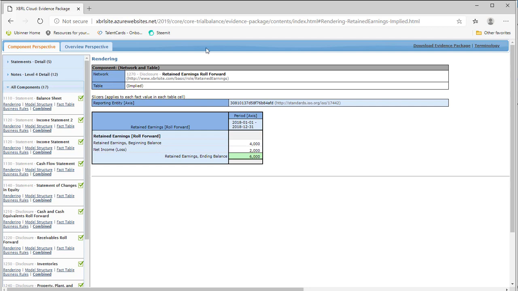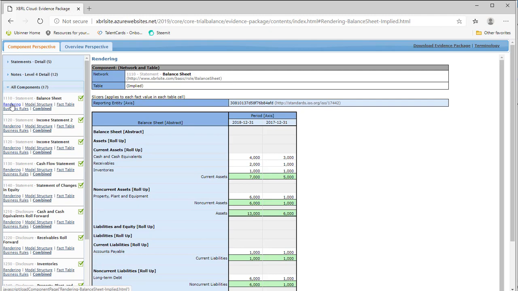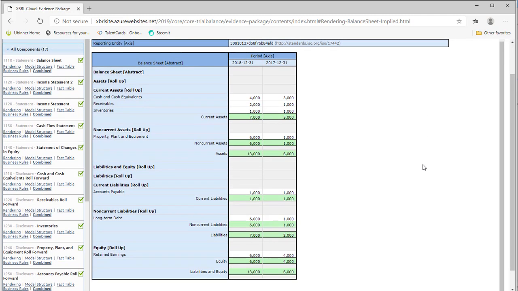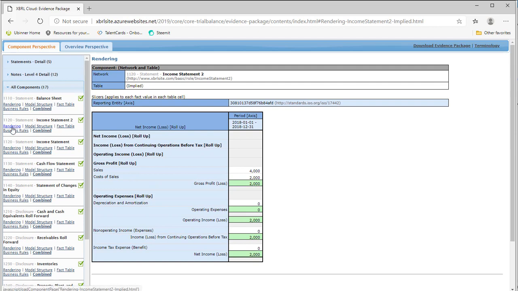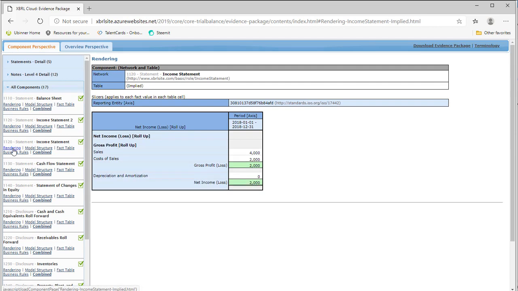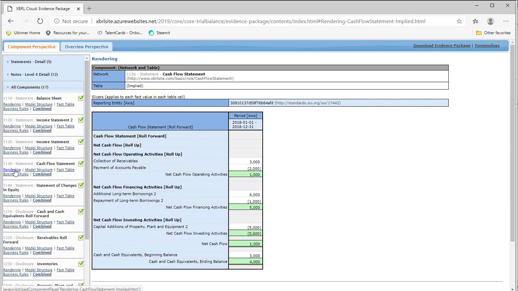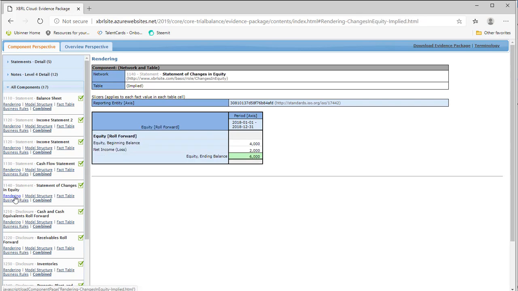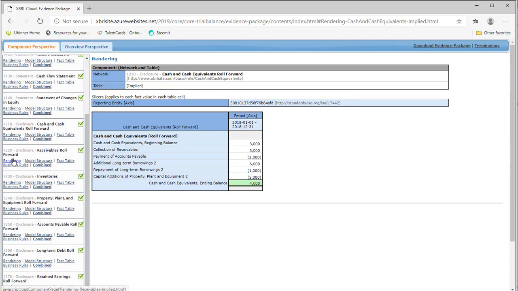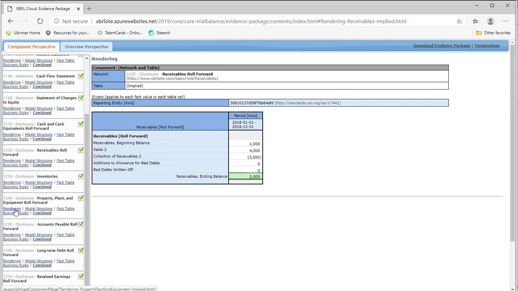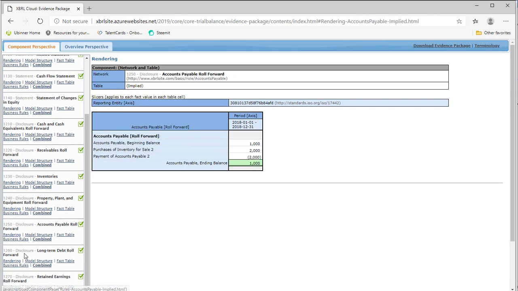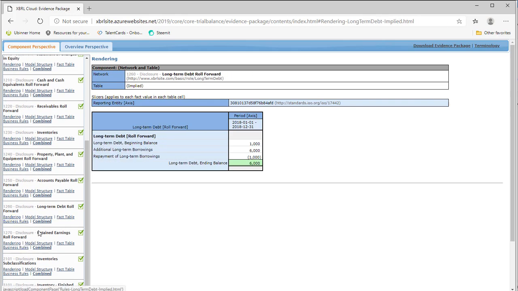This is the same view I've had before. Here you see the balance sheet. And again, I have an income statement and another version of the income statement, a cash flow statement, a statement of changes in equity, and I have all of these roll forwards, and everything ticks and ties and crosscasts and foots.